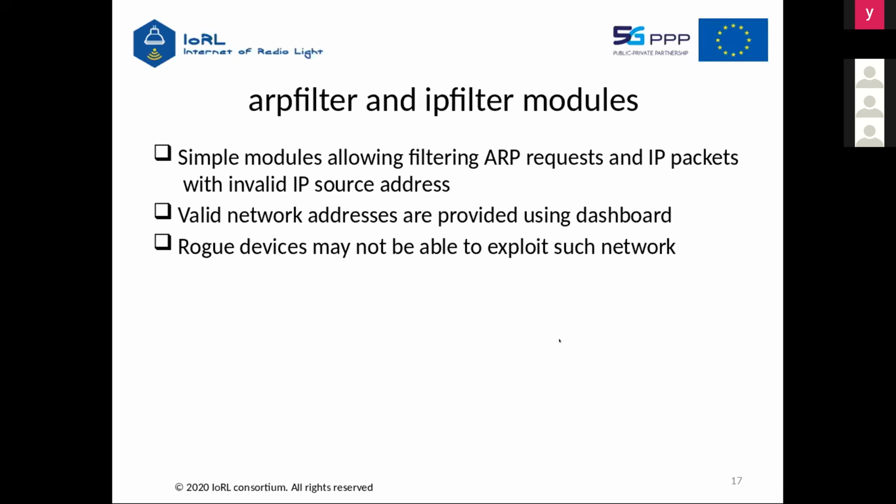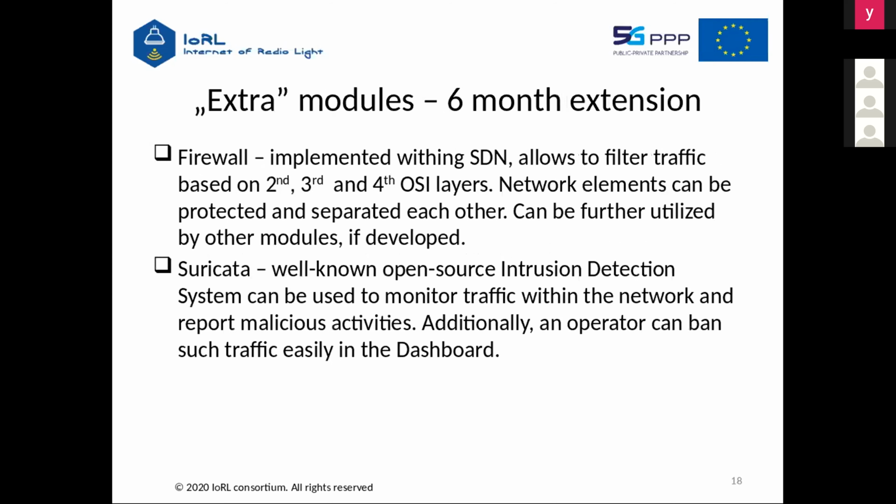And we have simple modules regarding filtering of IP addresses, source addresses, and ARP requests. These are like engineering solutions. There is not much research that we can do with those modules, but they simply work.